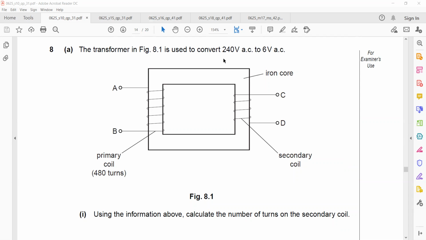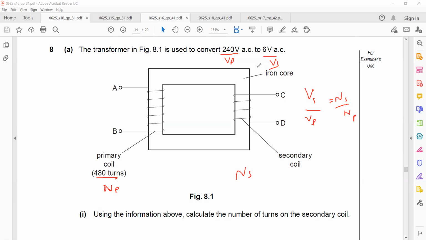Yeah, that's right. This one is VP, VS, NP. You need NS. The formula is VS over VP equals NS over NP.